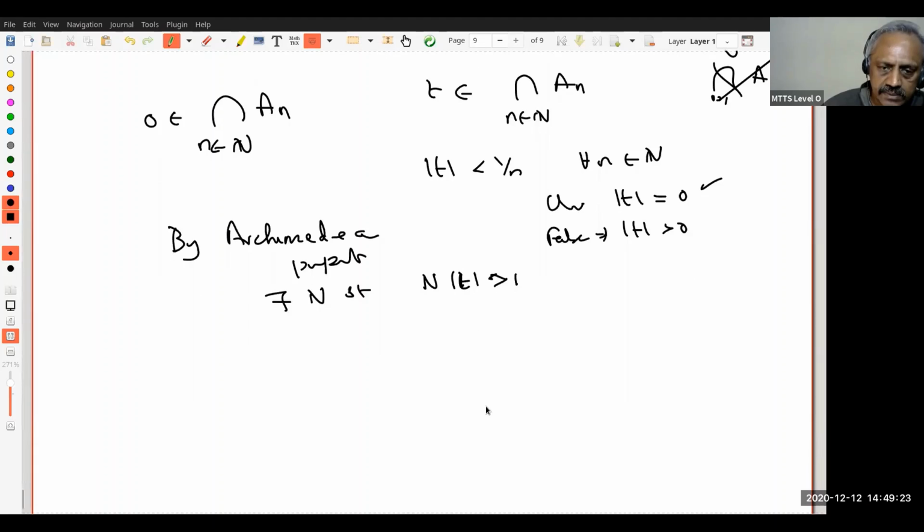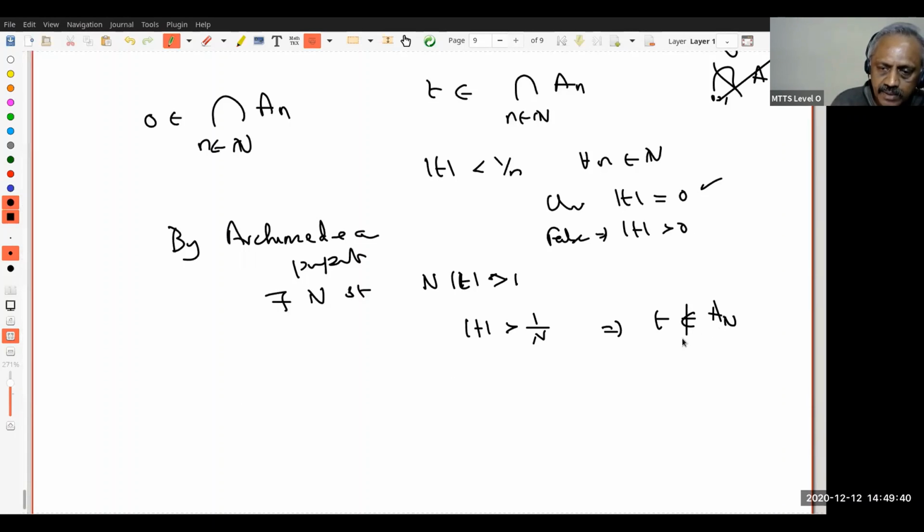You understand this? What does that say? That says |t| is greater than 1/n. You follow that? But therefore, this implies t is not in A_n.